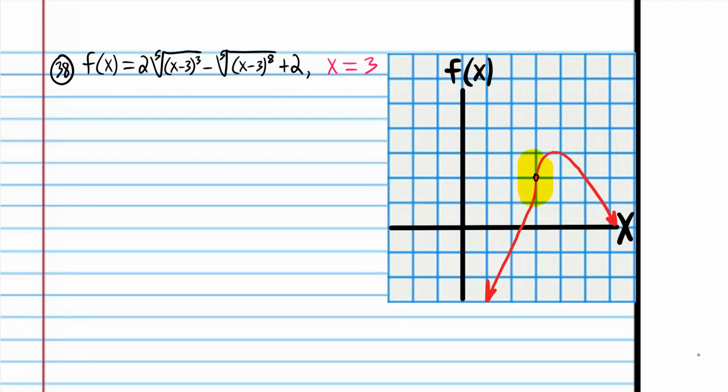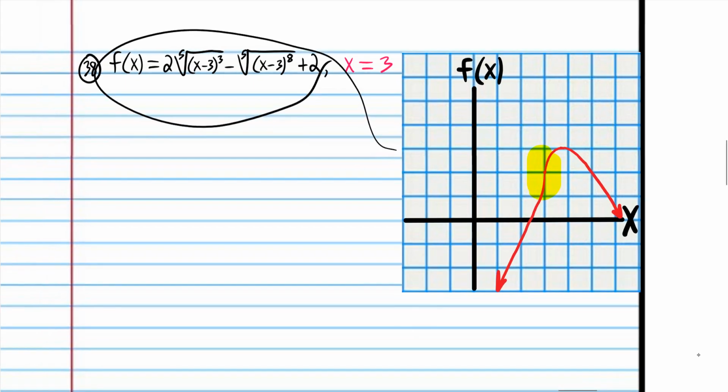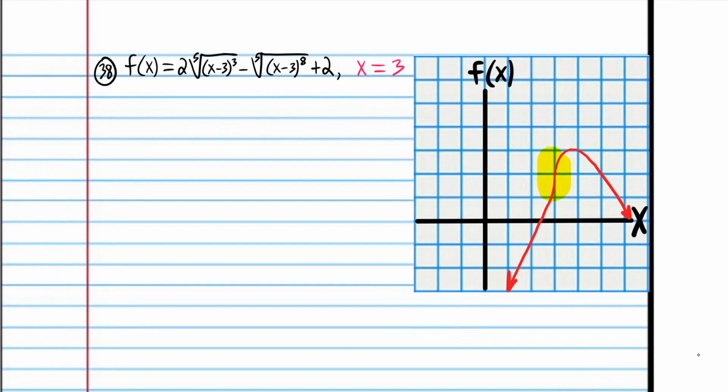At this point here we have a vertical tangent line, and we have the equation of that graph. And so let's explain algebraically why we cannot find the value of the derivative at x equals 3.